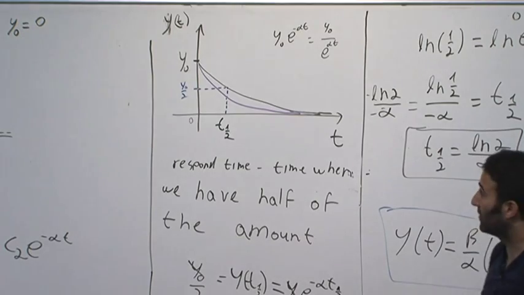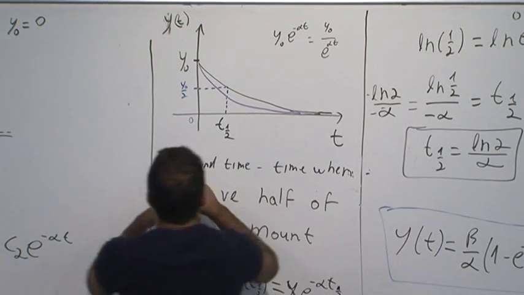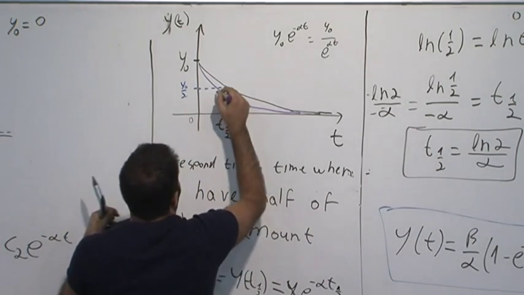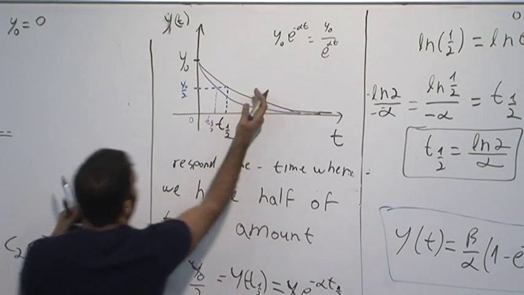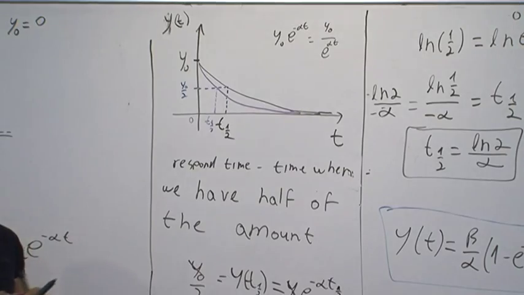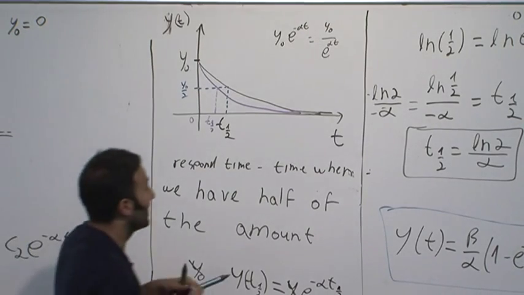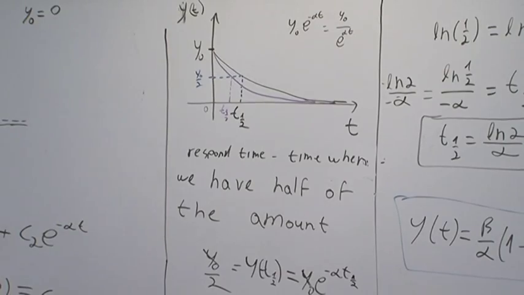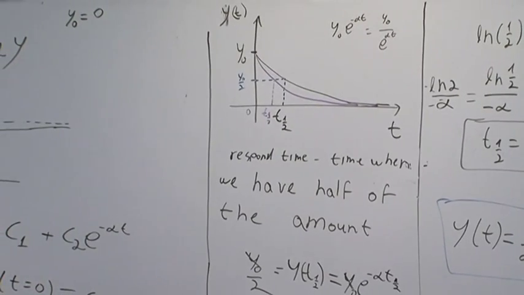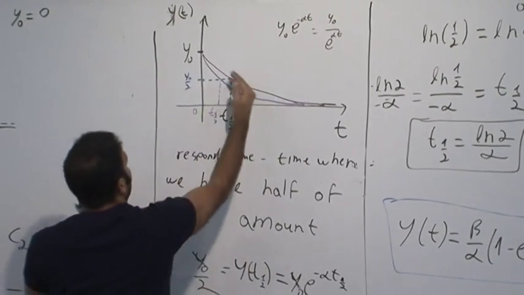So the response time will be smaller, which means it will respond faster, right? Because it just moved to the side. For example. And the bigger we make alpha, the more it will move here.